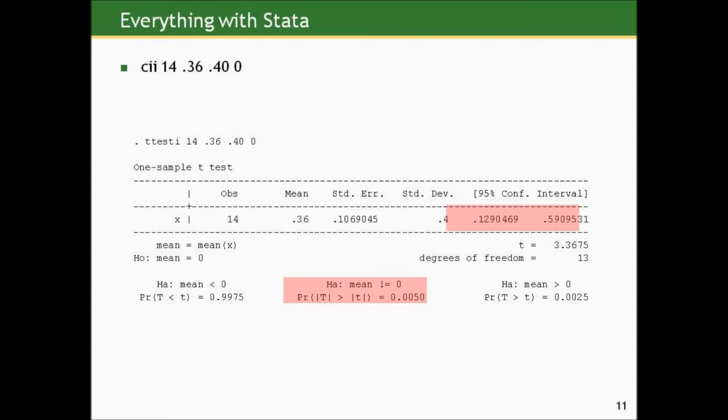And if we do our CII command here, we get that same confidence interval we estimated by hand. The t-statistic is 3.3, I rounded it to 3.3, but our distance measure is a little more than 3.3, and that gives a p-value of 0.005.